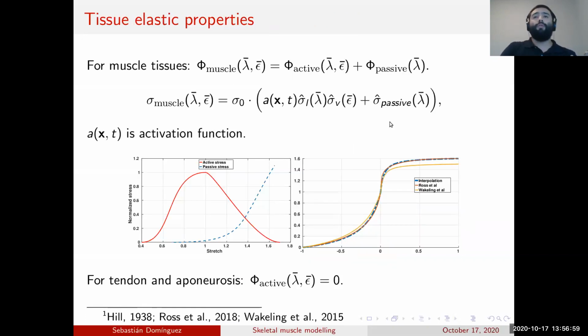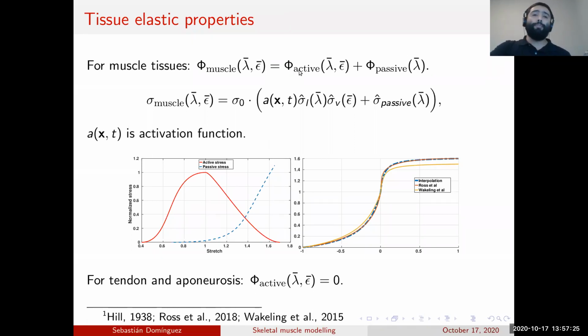Within the tissue or the fibers, we have different kinds, of course. And for the muscle, which is probably the most important, we have two parts, as I said before. So we have forces or energy that are caused by shortening or lengthening your fibers, so the elastic response of it, but we also have the active response to that, all right?